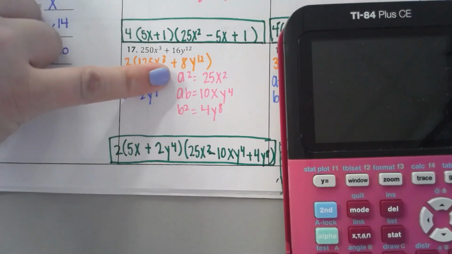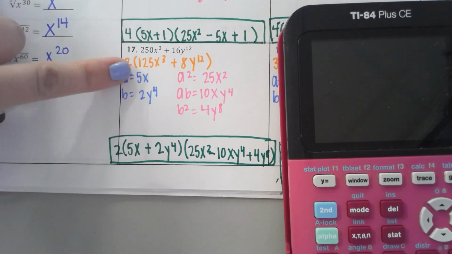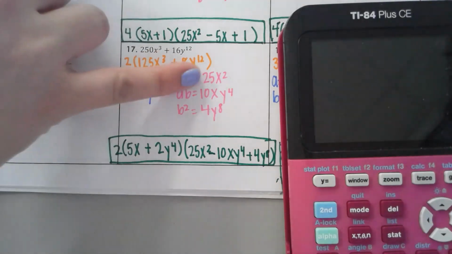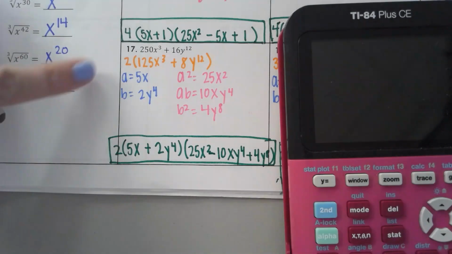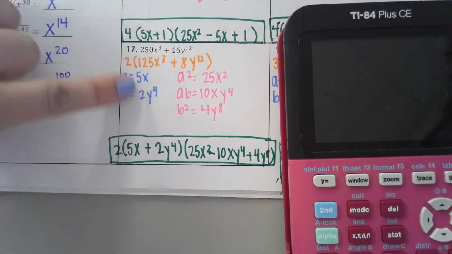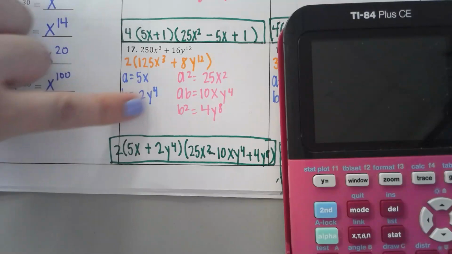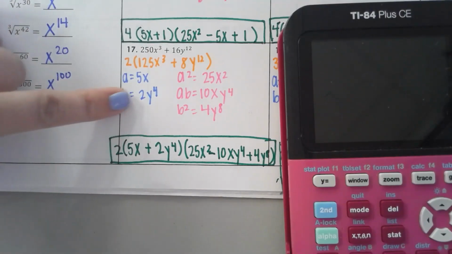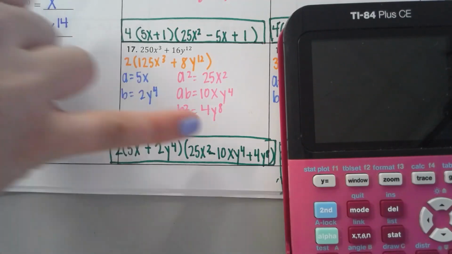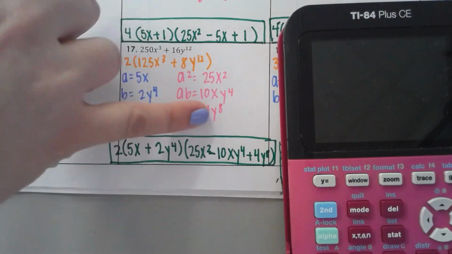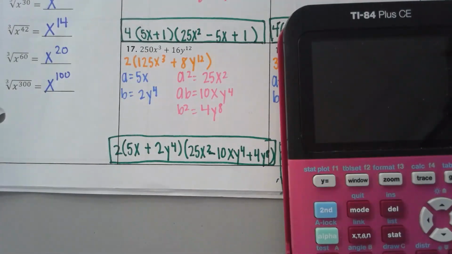And then a squared, that's like 5x times 5x, which is 25x squared. Multiply those two, you get 10x y to the 4th. And then b squared, 2 times 2 is 4, y to the 4th times y to the 4th is y to the 8th. And you put all that together. Other questions on that one?